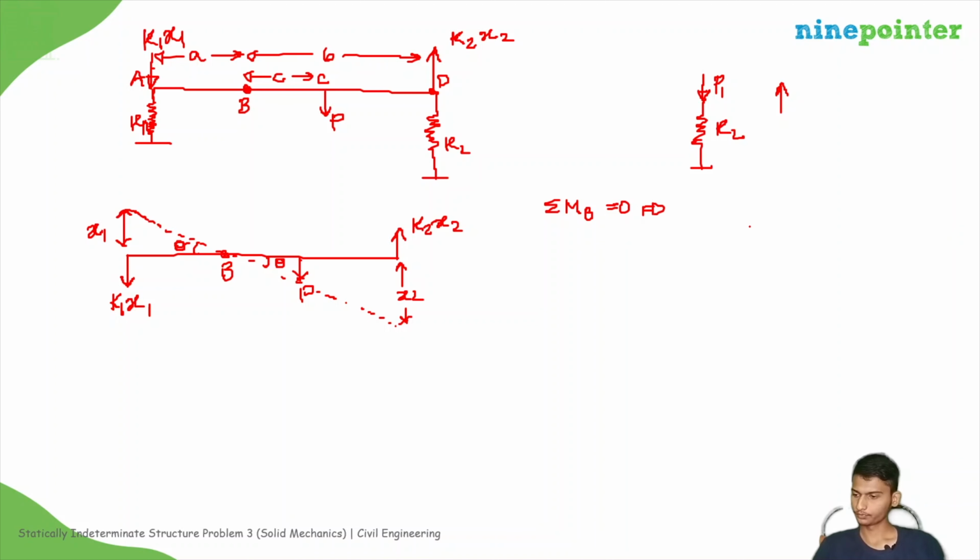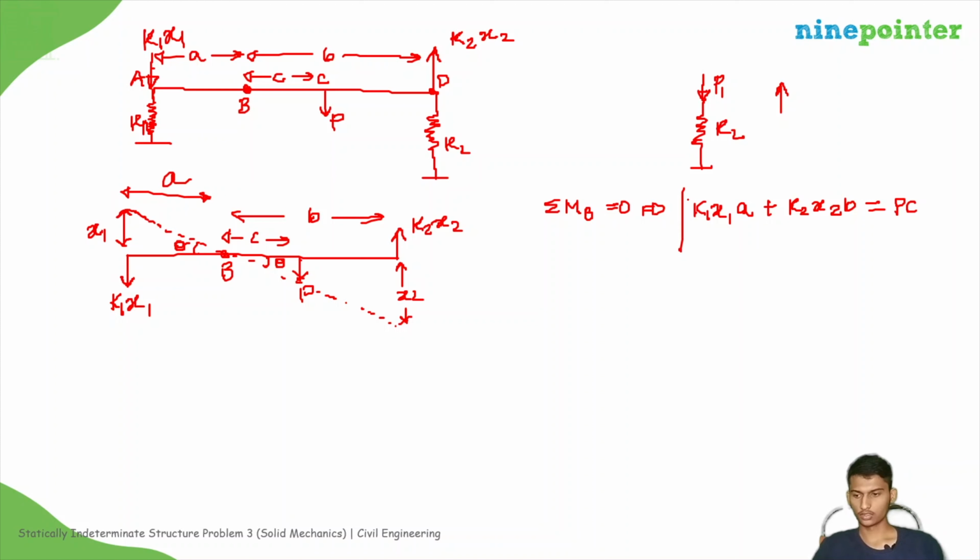Then we get K1 x1 a plus K2 x2 b equals P into c. Because this is c, this is b, this is a. So this is one equation.